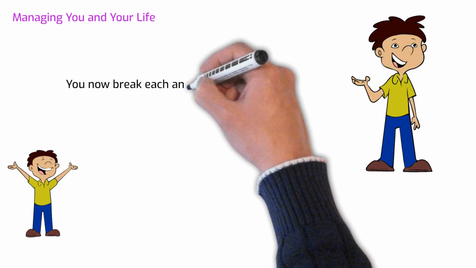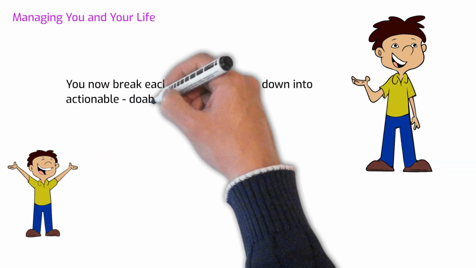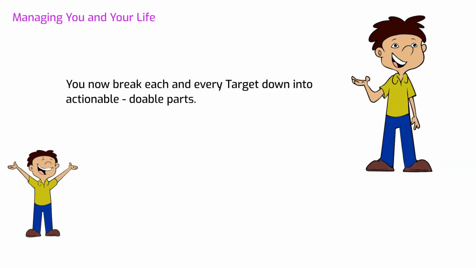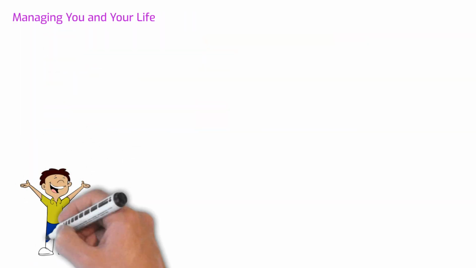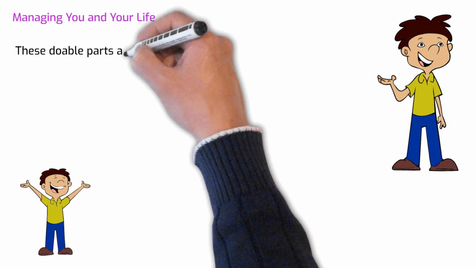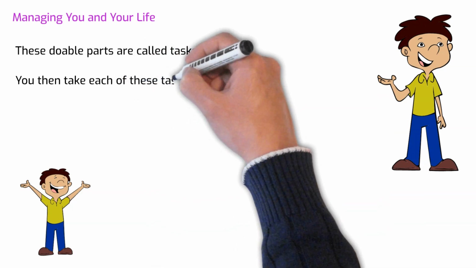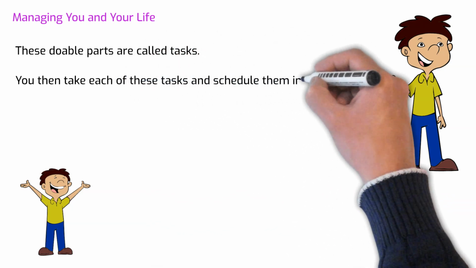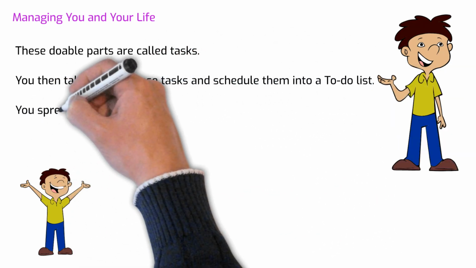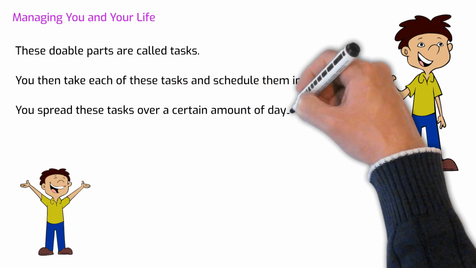You now break each and every target down into actionable, doable parts. These doable parts are called tasks. You then take each of these tasks and schedule them into a to-do list. You spread these tasks over a certain amount of days.